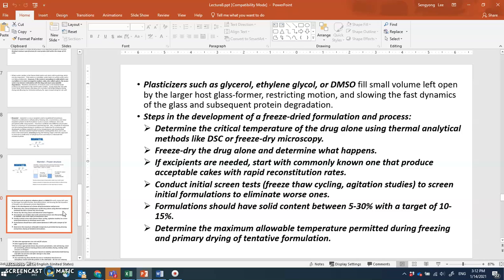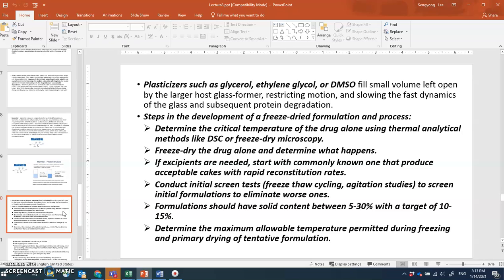And steps in the development of the freeze drying formulation process. So how do you know what is the best formulation for your freeze drying drugs? How do you determine what excipient should be the best? These are the steps in your formulation selection. Number one, determine the critical temperature of the drug alone using thermal analytical methods like DSC, differential scanning calorimetry, and freeze drying microscopy.